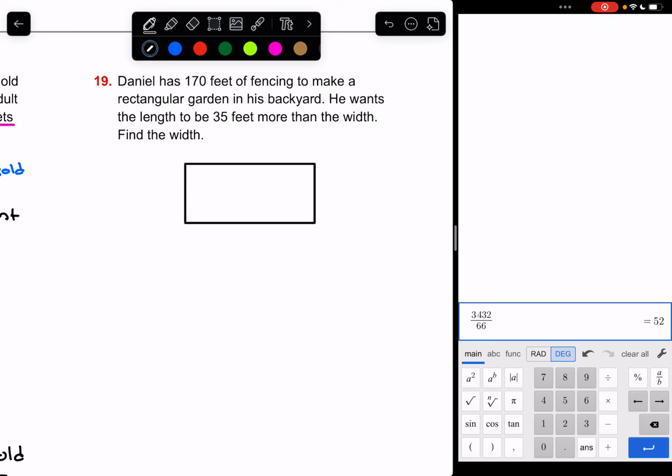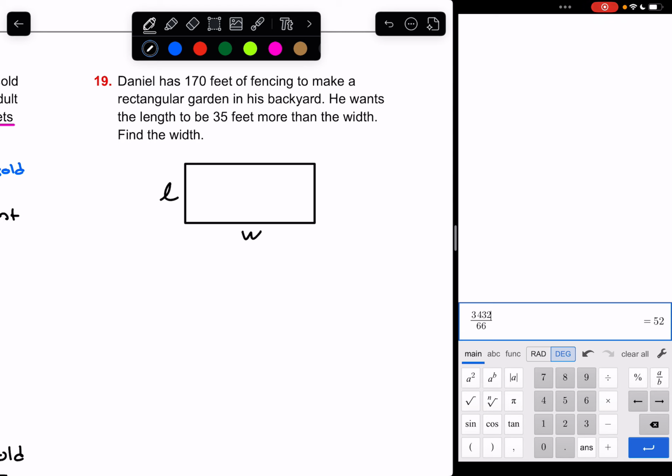So now, we have 170 feet of fencing to make the garden. So that means the perimeter needs to be 170. Let's label this as length and width. It says he wants the length to be 35 feet more than the width.